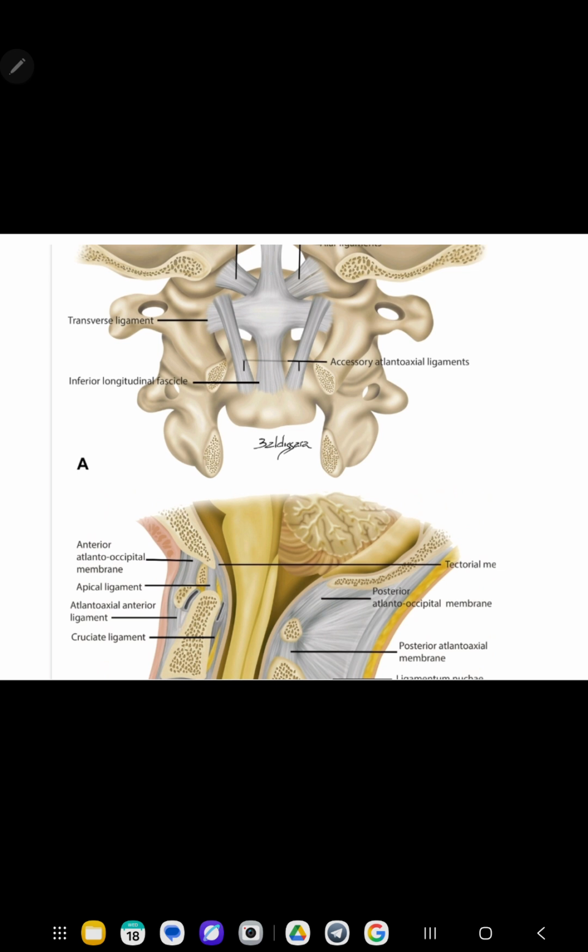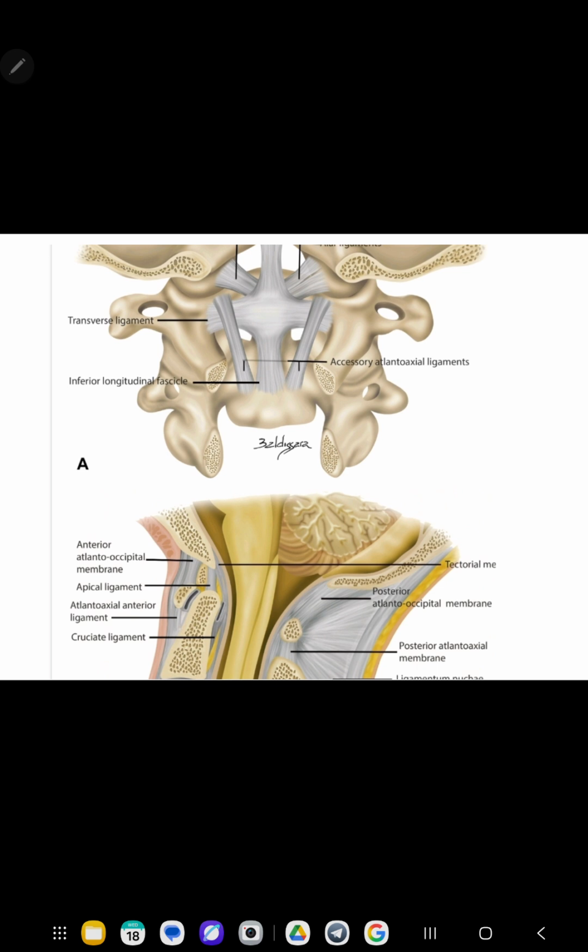So that is about the transverse ligament. And the other ligament is the alar ligament. Alar means towards the sides. So the laterally running ligament from the odontoid towards the occiput is the alar ligament.